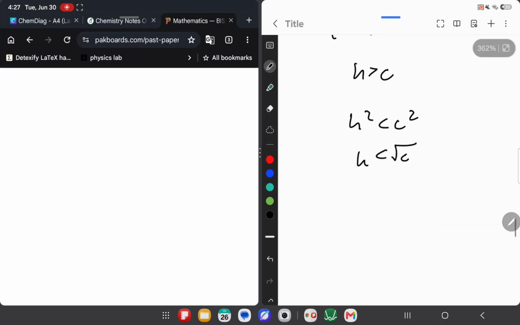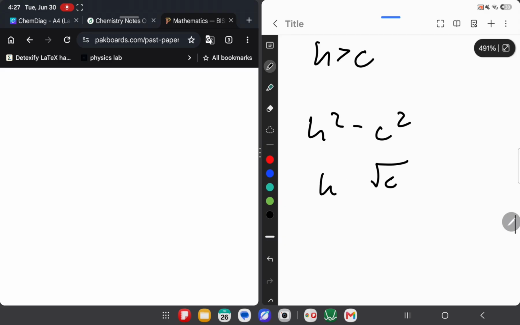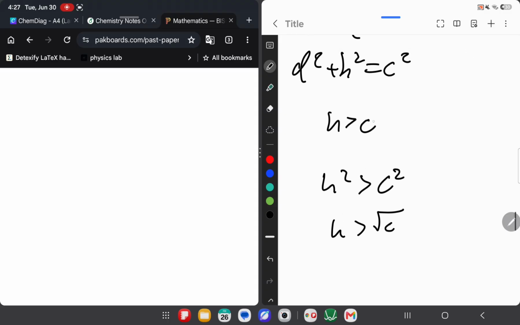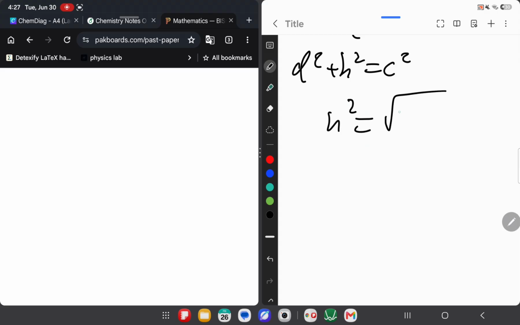H is less than c squared. Why? Because solving for h, we know h squared is equal to c squared minus d squared.